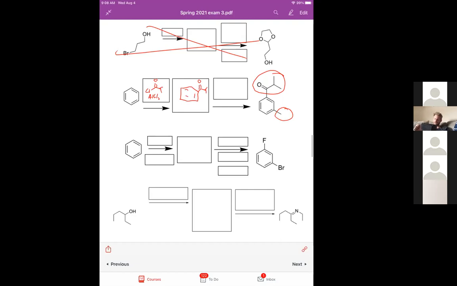Now that the meta director is added, we can add this methyl and get the right regiochemistry.